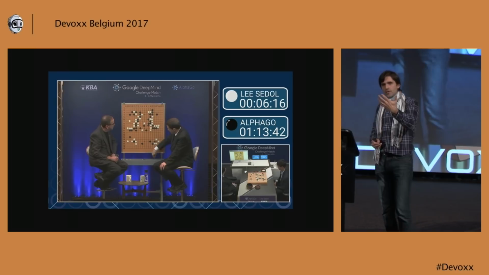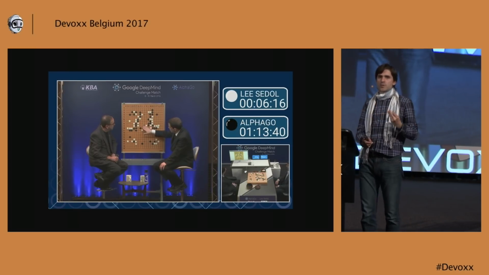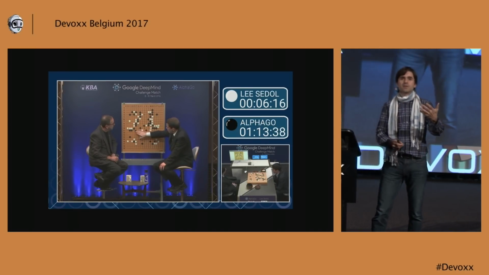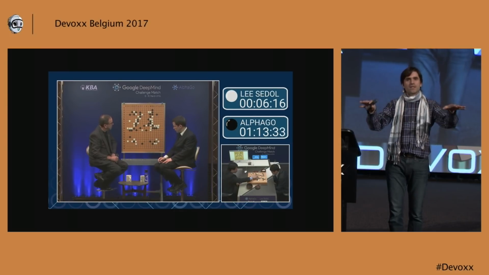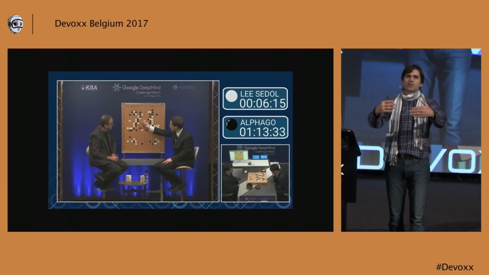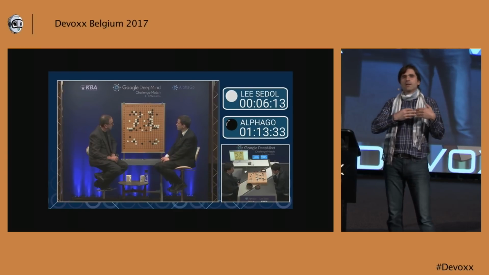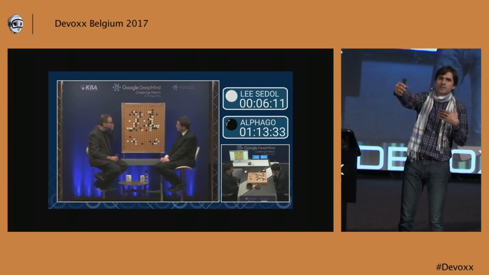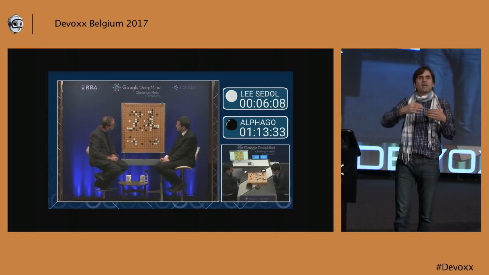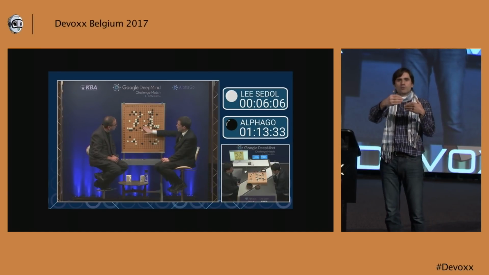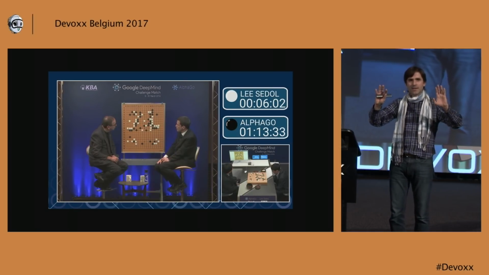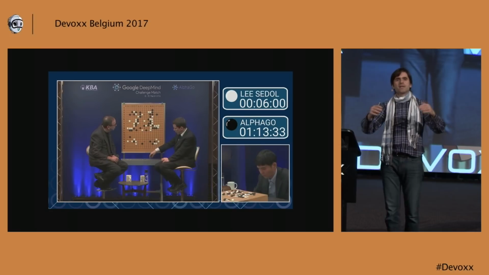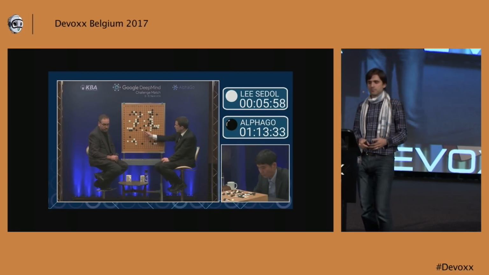And that neural network was built using reinforcement learning, and that neural network allows them to search the move trees to a much shallower depth, because instead of running, I don't know, 200 moves until the very end to see who wins, they can run only 3 or 4 moves and apply this neural network, which will tell them, oh, this is very bad for black, or this is super good for white, and they can stop there.